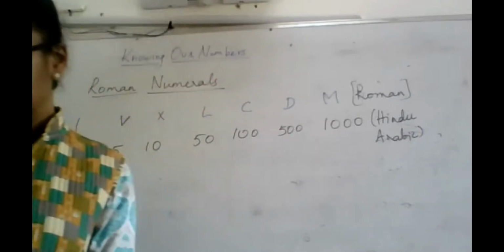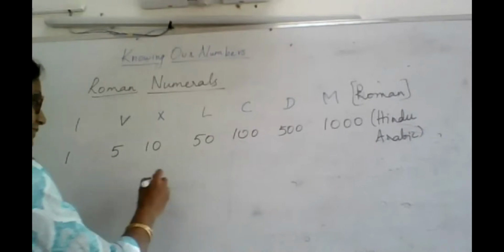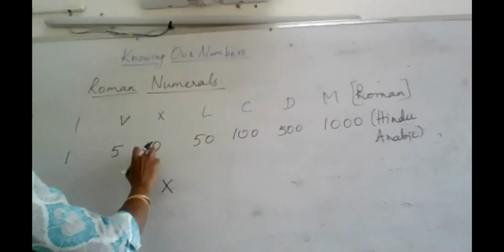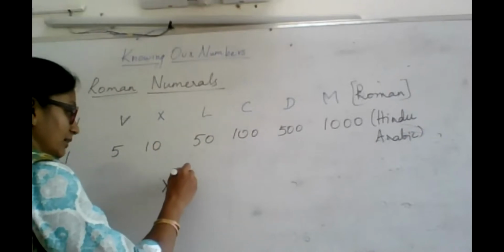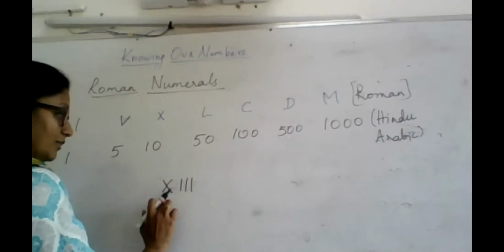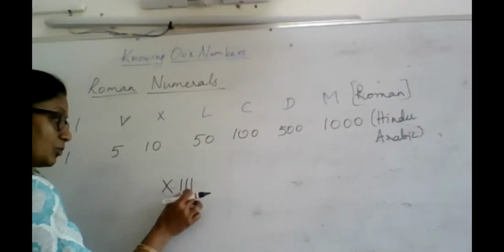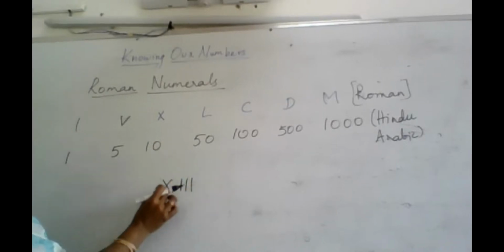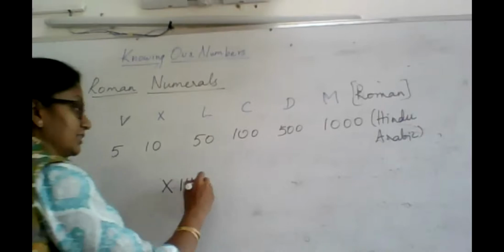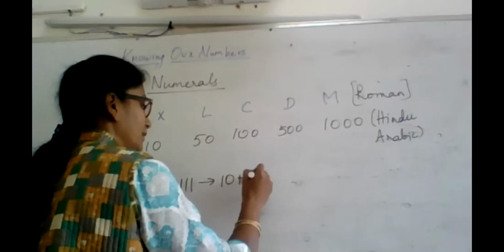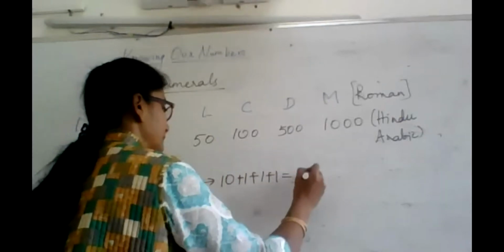Like if I write X, which represents 10, and if I put the smaller ones on the right side of 10, I have 1, 2, 3. So when I put a smaller symbol on the right side of the larger symbol, this is addition. This will be 10 plus 1 plus 1 plus 1, so it represents 13.